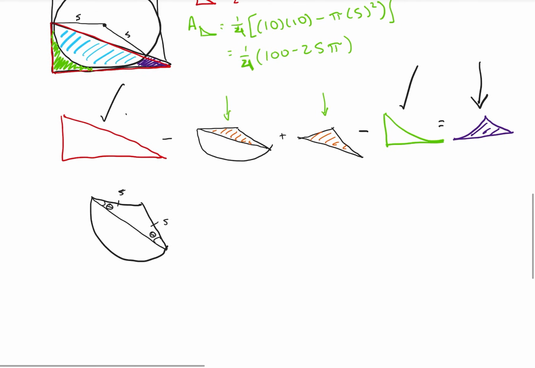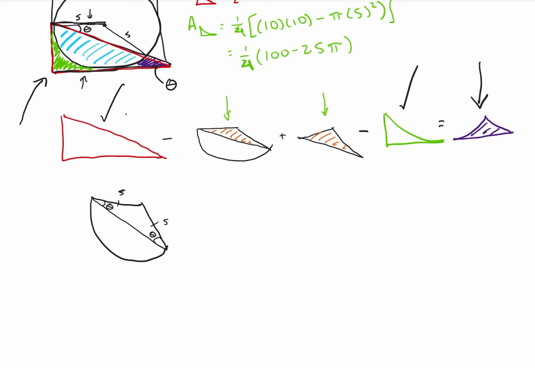So let's look at my shape up here. I notice that I have this straight line, and this is going to be parallel to this bottom line down here. So if this is my angle theta, then that also must be equal to this angle right here, which is also theta. So now I know that theta is equal to this angle here by my purple region.